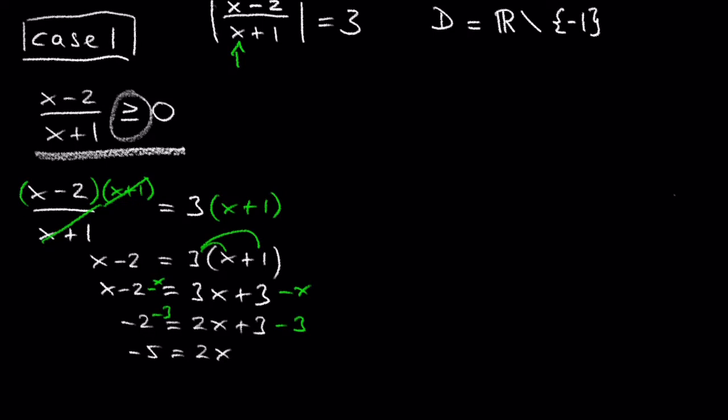Dividing by 2, and we have x is equal to -5/2.